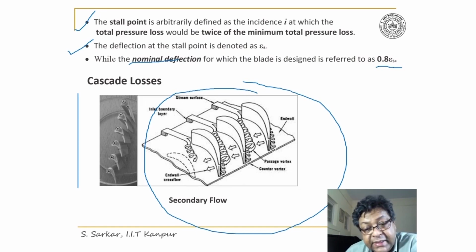This boundary layer developing on the hub or the casing is referred to as the end-wall boundary layer in case of cascade flows. I have indicated here this end-wall boundary layer forming on the surface. Turning of this incoming boundary layer within the blade passage would develop horseshoe vortices. This horseshoe vortex is a source of secondary flow loss.